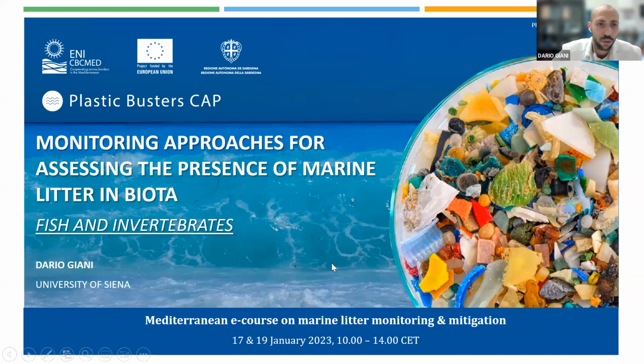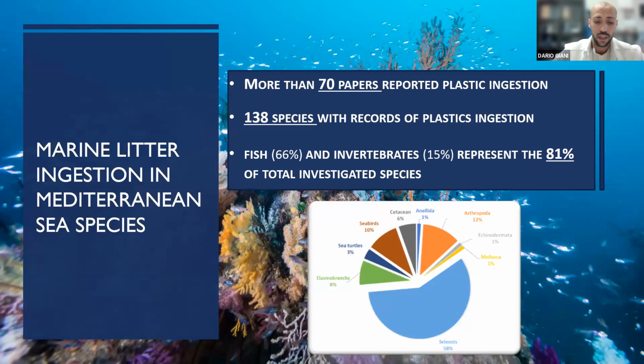Now I'm going to talk about the second part of the monitoring approach for assessing the presence of marine litter in biota, in particular in fish and invertebrate species. As Matteo said, the ingestion of marine litter in the Mediterranean Sea has been reported since 1988, with more than 138 species with records of marine plastic ingestion in the gastrointestinal tract.